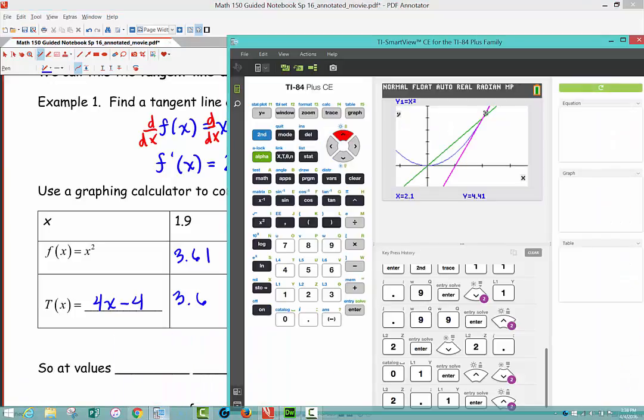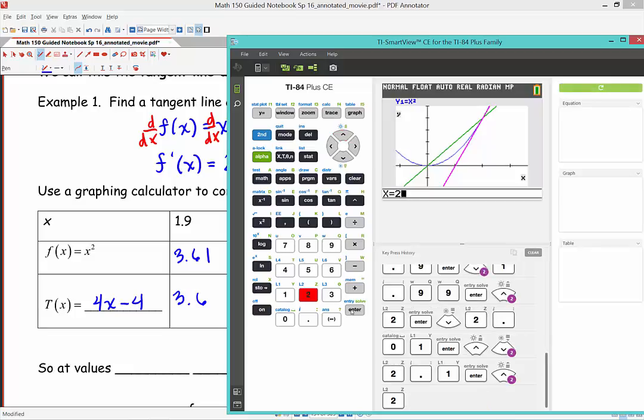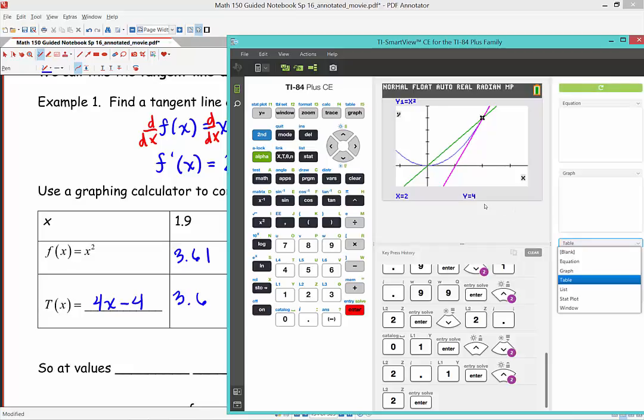But do you see that right at x equal to 2, so if we just put 2 again, basically what happens is, let's do a table. So for x equal to 2, I'll go ahead and look at the table.